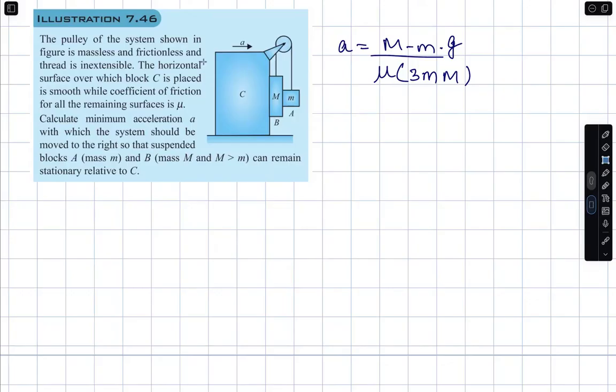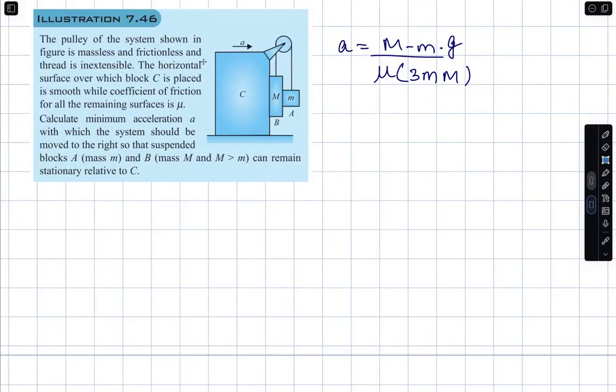Let me start discussing this. Here are three moving objects.